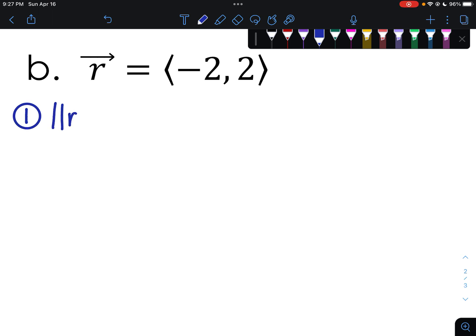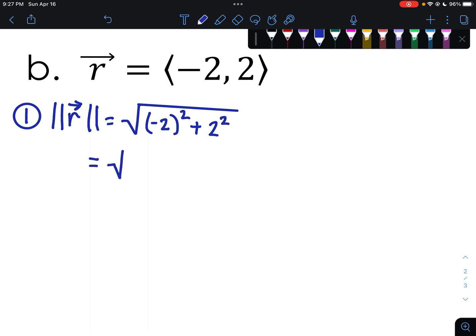The magnitude of r is equal to the square root. Remember, when you're squaring a negative number, it needs to go in parentheses. If you just want to make a habit and always put everything in parentheses, that is going to be better for you. So when I do that, I get 8.